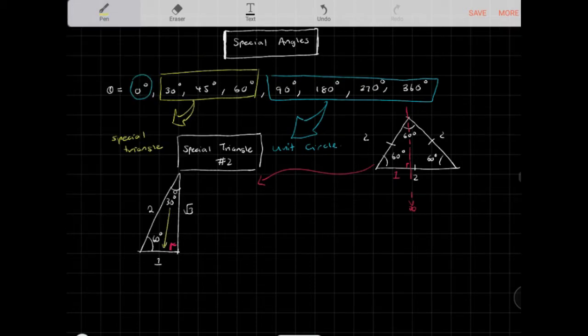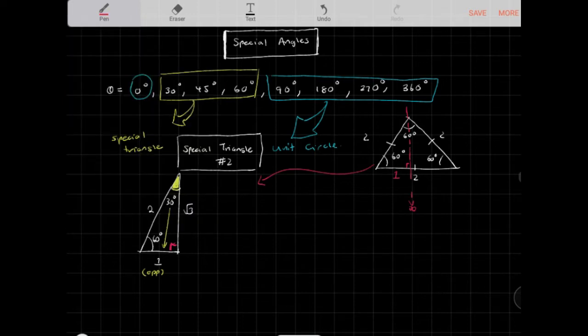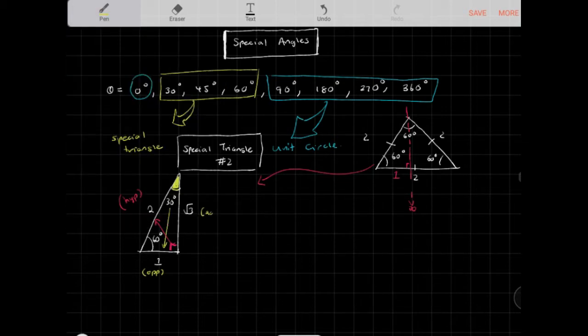So let's start with our reference angle of 30 degrees. In this case, this becomes the opposite side, the side across from the right angle will always be your hypotenuse, and this guy, as a result, will become the adjacent side. Now we can see that sine 30 degrees is equal to opposite over hypotenuse, 1/2.